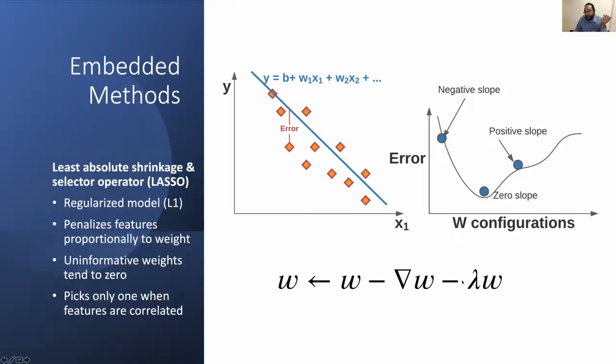So for those variables whose slopes are 0, they're not informative, this term kicks in and drags them to 0. And that's how feature selection works. It's basically by looking at the weights. This L1 regularization is going to drive these to 0, and the ones that have any finite value at the end of this process, those are your informative variables.